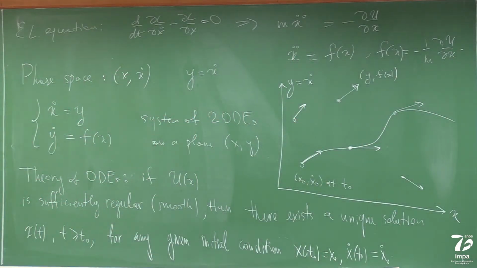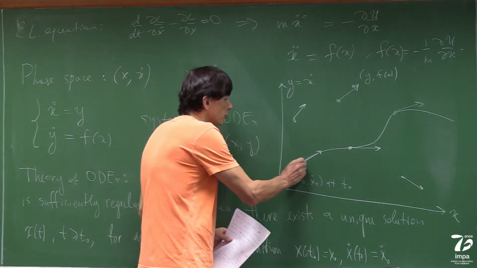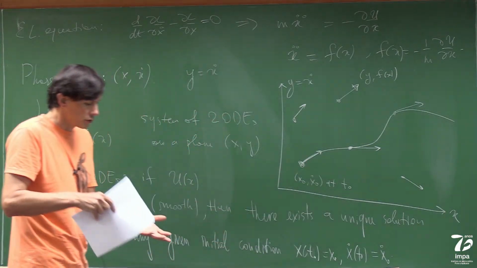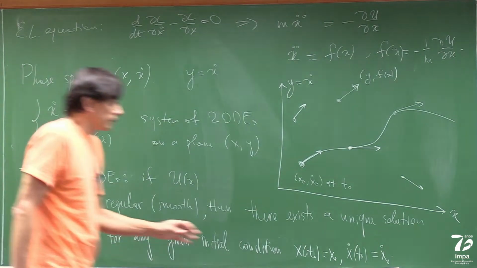But anyway, the idea is that the motion of a system with 1 degree of freedom is fully described whenever you give the initial point, and initial point means coordinate and velocity. So two things are necessary: coordinates and velocity. Whenever you have coordinates and velocity, you have a solution.